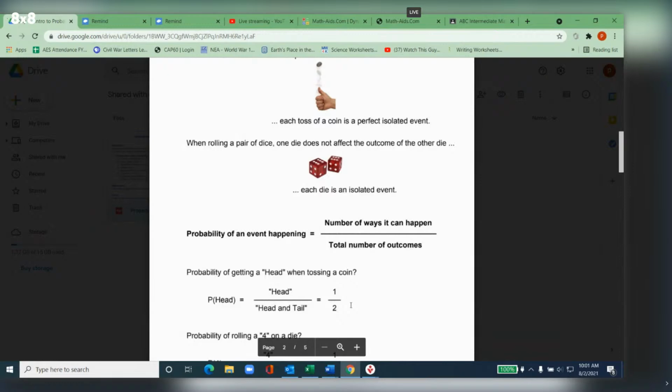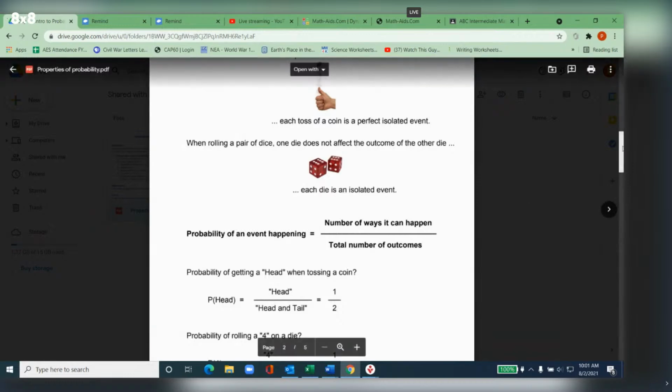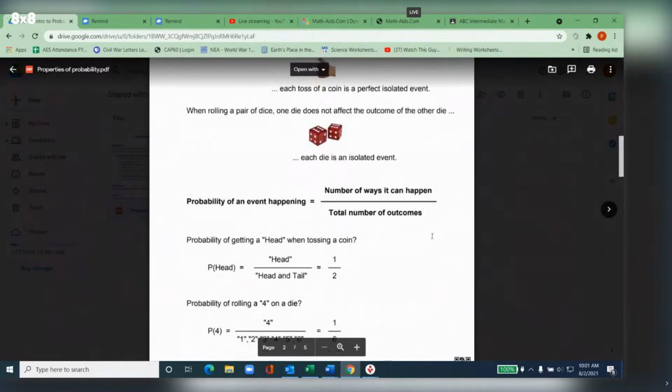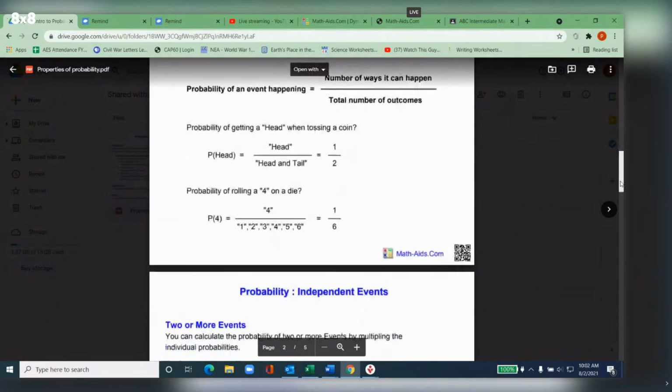So if we looked at the probability of being a head, we would say 1 out of 2, or 50%. Half the time it's going to come up heads, half the time it's going to come up tails. And the probability of rolling a 4 on a dice, you can only get 4 one way, but there are 6 possible outcomes. That would be 1 out of 6 for rolling the dice.